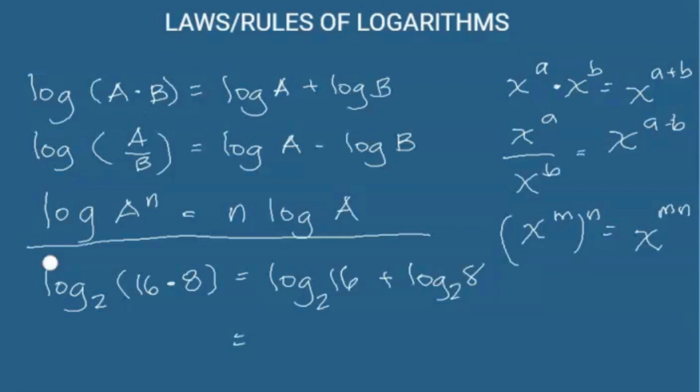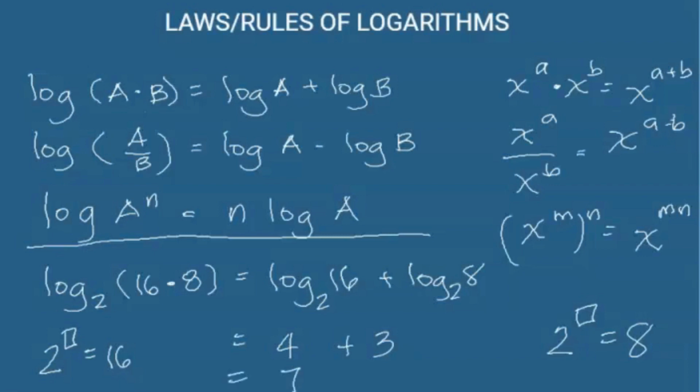The logarithm of 16 base 2 means what is the exponent of 2 that gives us 16? That is 2 to the 4th power, so it is 4. The logarithm of 8 base 2 is 3. So this is equal to 7.